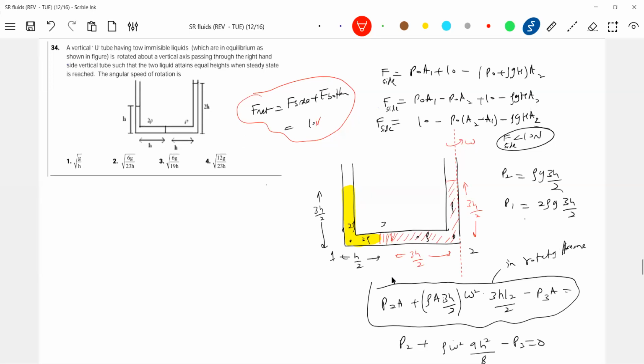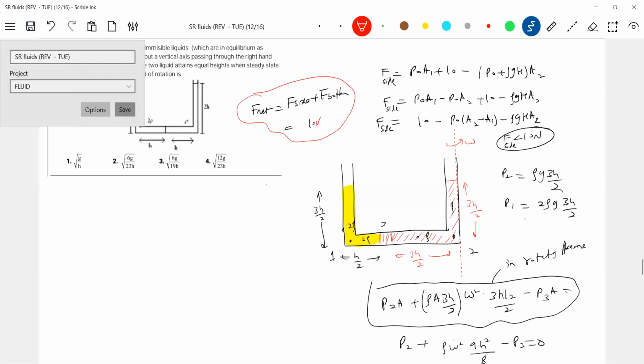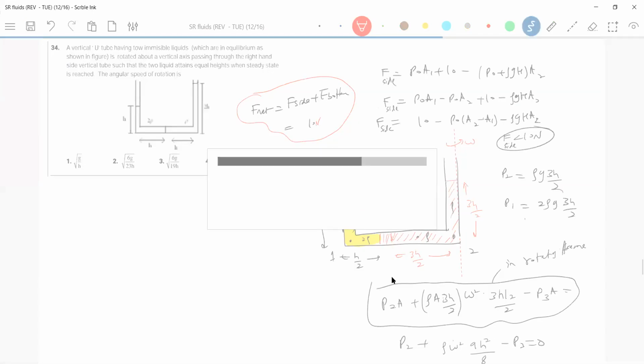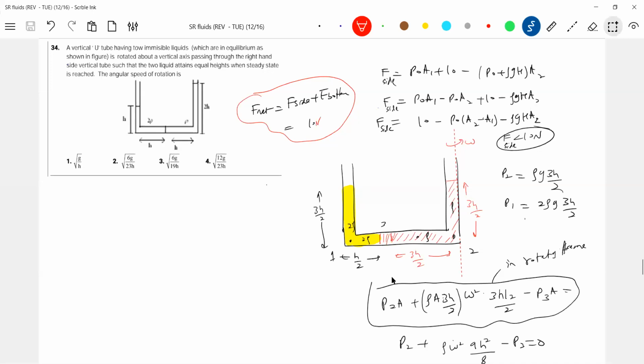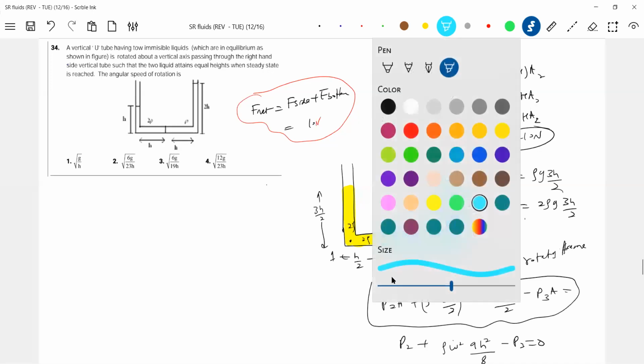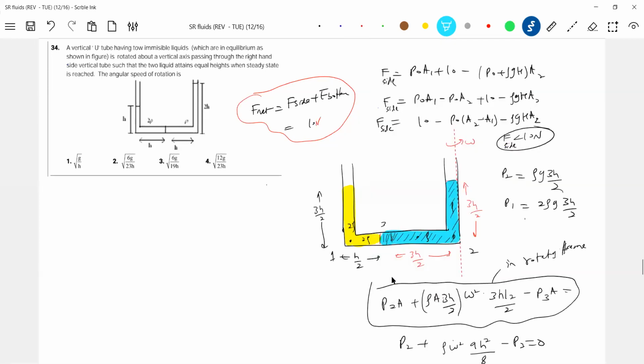Read the question now. There are two liquids. This is the yellow and blue color that we have picked up.